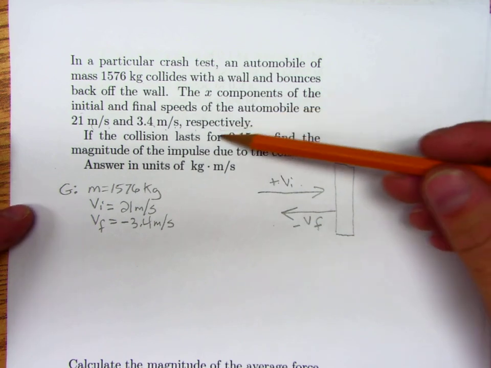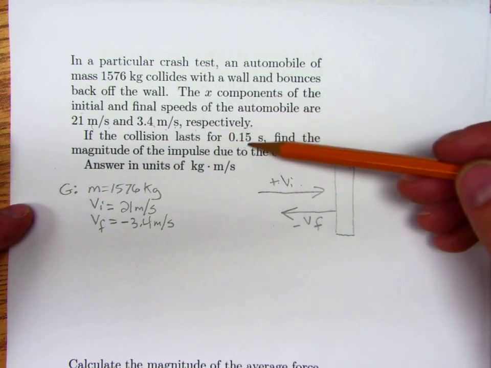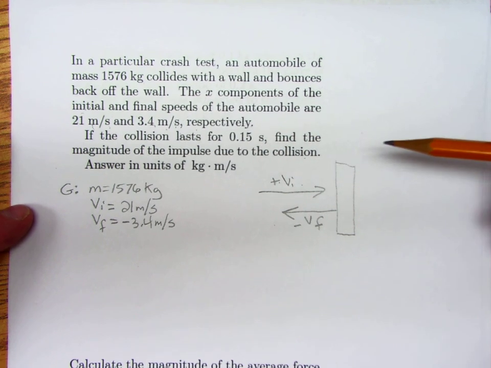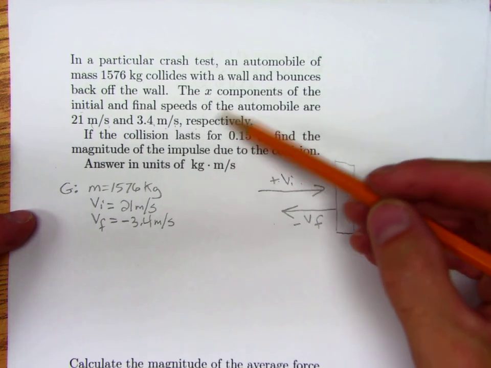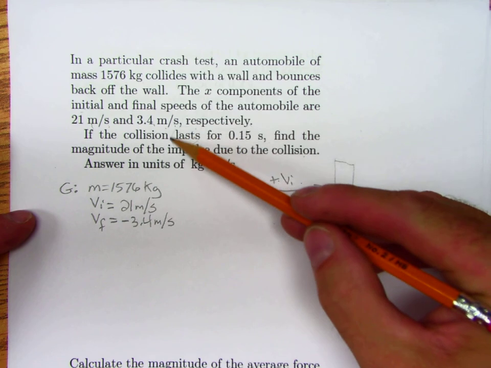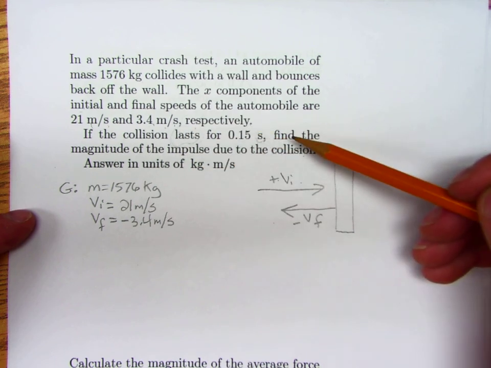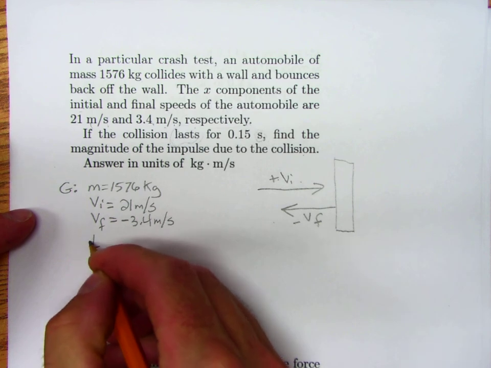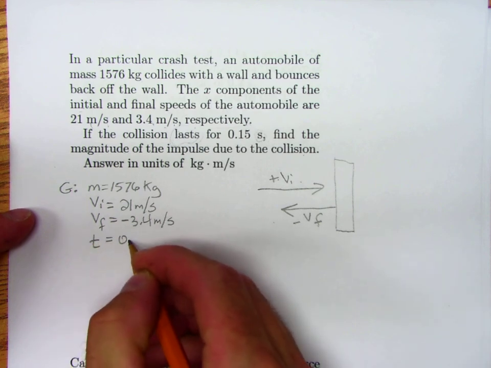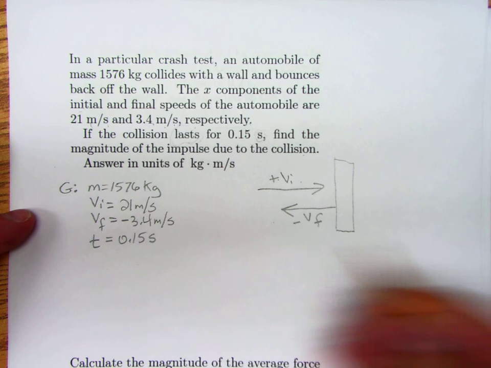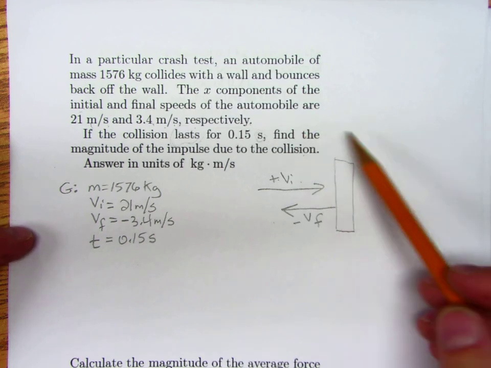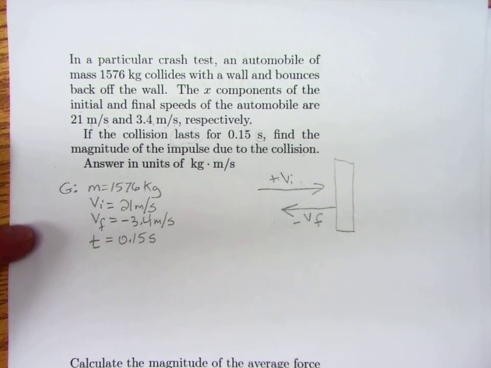Okay, if the collision lasts for 0.15 seconds, time is not mentioned, but it gives the word lasts. That implies how long, and it gives a unit of seconds, which is the unit for time. So we're going to say time is equal to 0.15 seconds. Then it says find the magnitude of the impulse due to the collision.